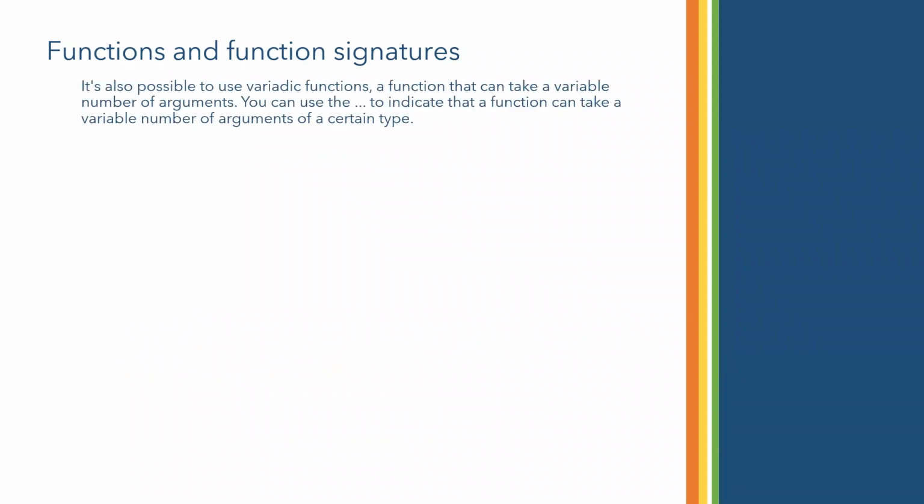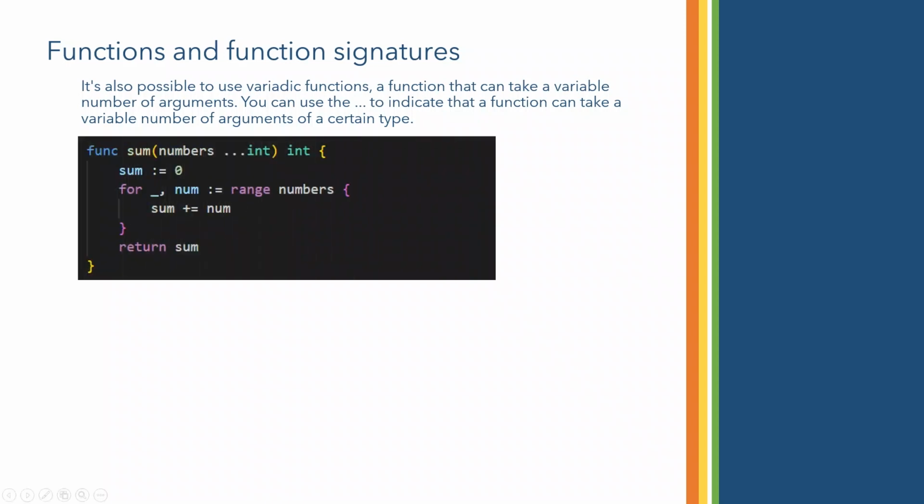We have another possibility in Golang: variadic functions, which take a variable number of arguments. You can use the triple dot to indicate that a function can take a variable number of arguments of a certain type. In this case, the function sum numbers takes a variable number of arguments of type integer and does whatever operation you want.